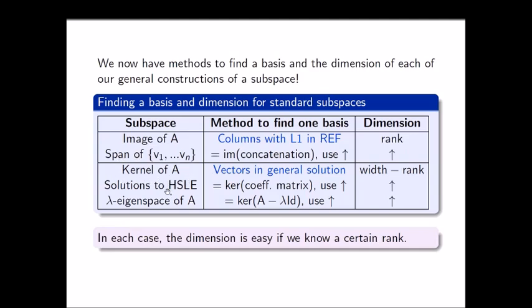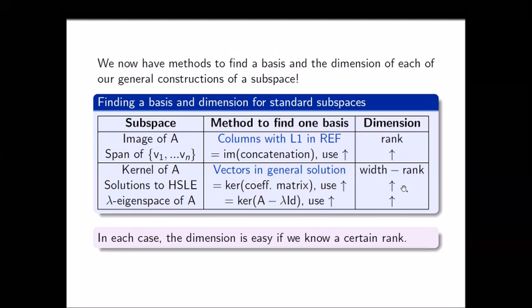So for homogeneous linear systems, we just write the coefficient matrix and compute its kernel, and from there its basis. We use the same method as we use for the kernel of A. And again, the dimension would be the width minus the rank of the coefficient matrix.